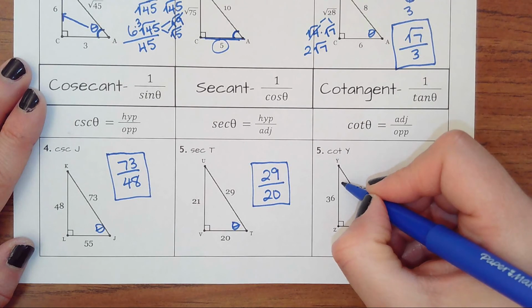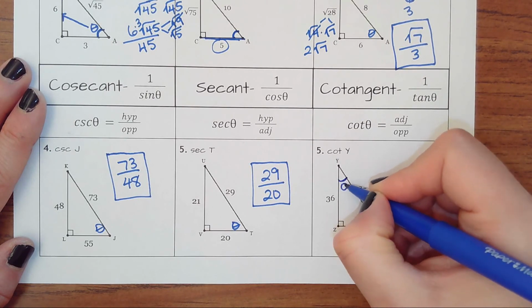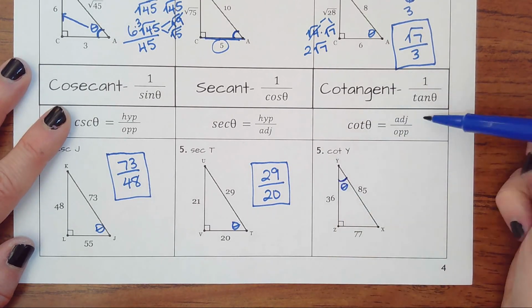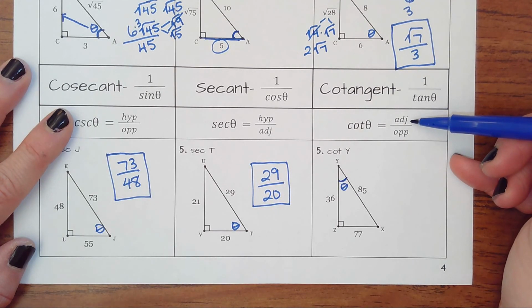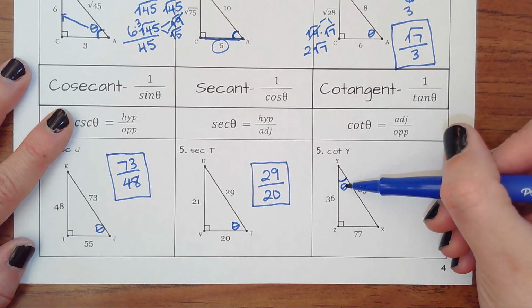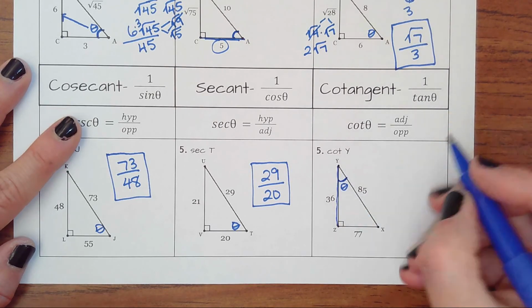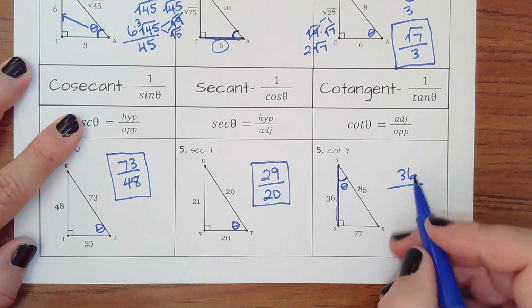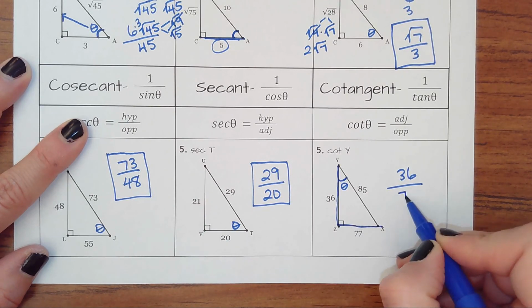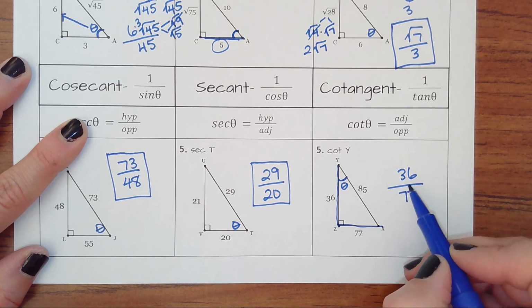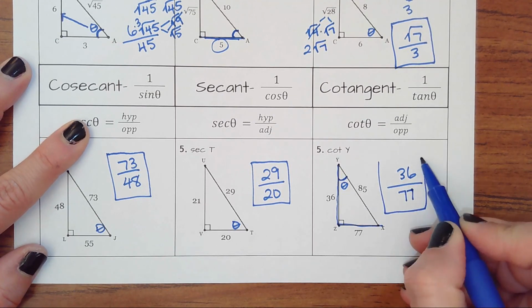Cotangent from here, it's our theta, is going to be the reciprocal of tangent. So instead of opposite over adjacent, now we have to put adjacent over opposite. So this would be our adjacent side is the 36 over the opposite leg, which is the 77. And that cannot be reduced. And we're done.